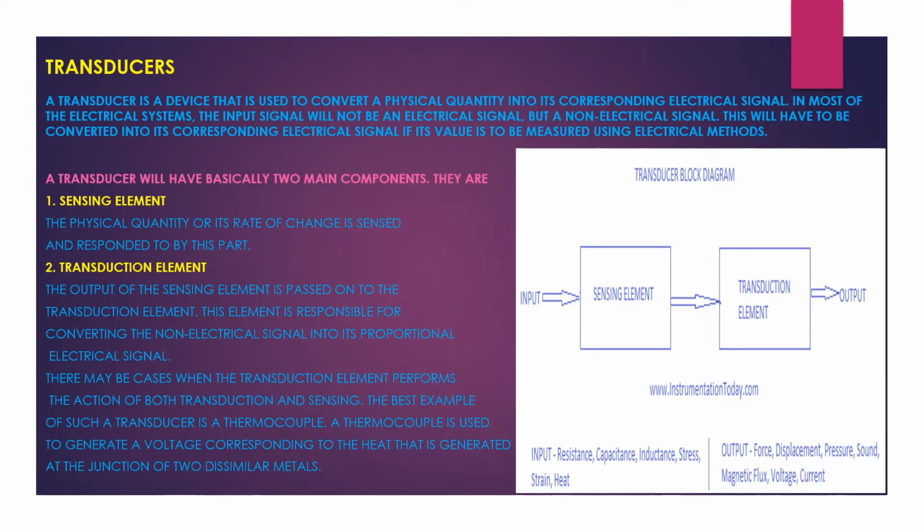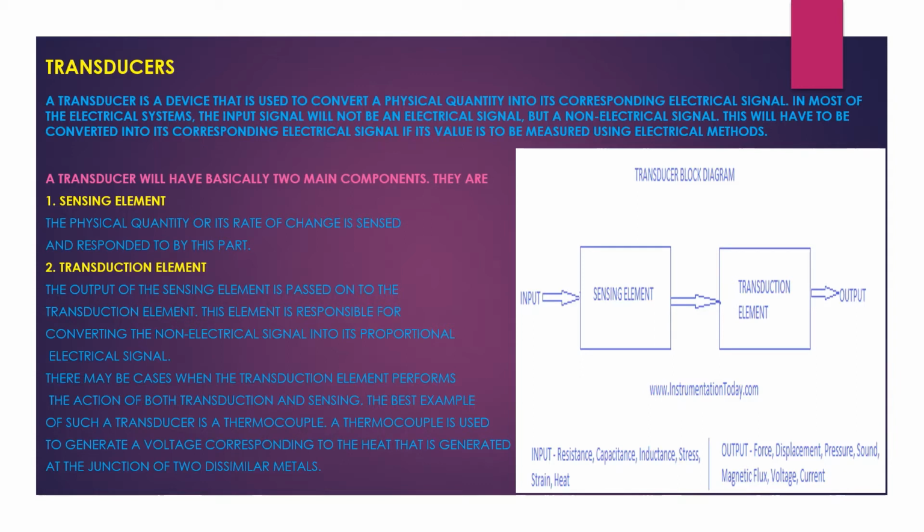There may be cases when the transduction element performs the action of both the transduction and sensing element. The best example of such a transducer is a thermocouple. A thermocouple is used to generate voltage corresponding to the heat that is generated at the junction of two dissimilar metals. See, the thermocouple is an example where the junction of two dissimilar metals is subjected to heat.